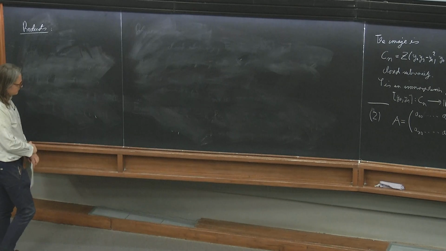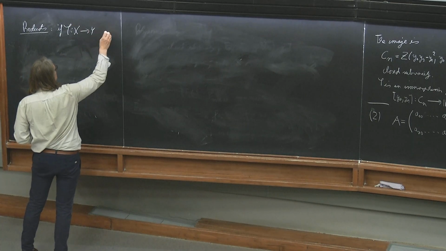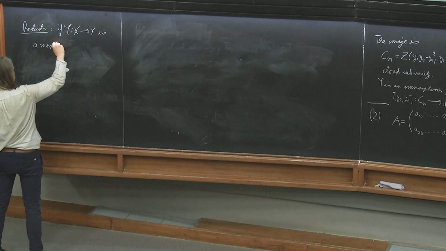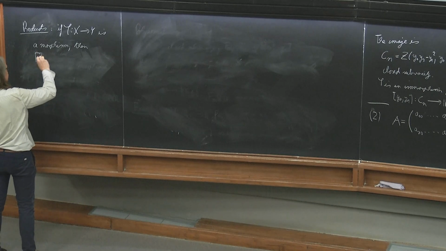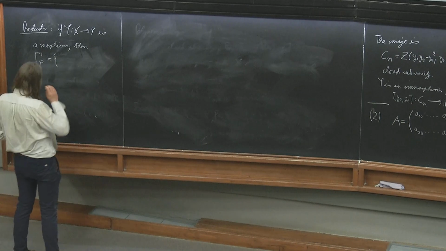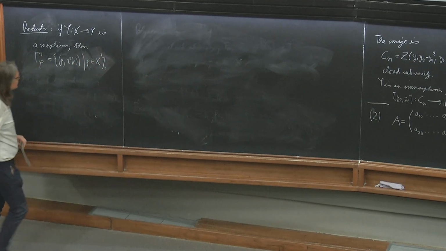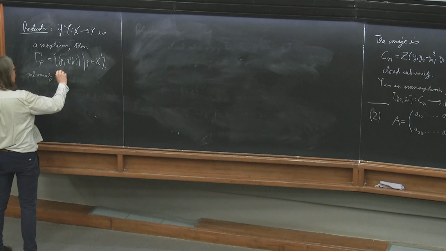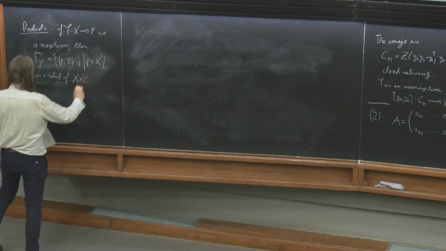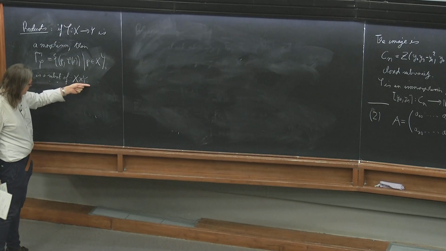For instance, if P from X to Y is a morphism, then you could look at the graph, the set of all P of P in X, which under nice assumptions will maybe be a subvariety, or at least is a subset, of X times Y. Many properties of the morphism can best be studied in terms of the product.